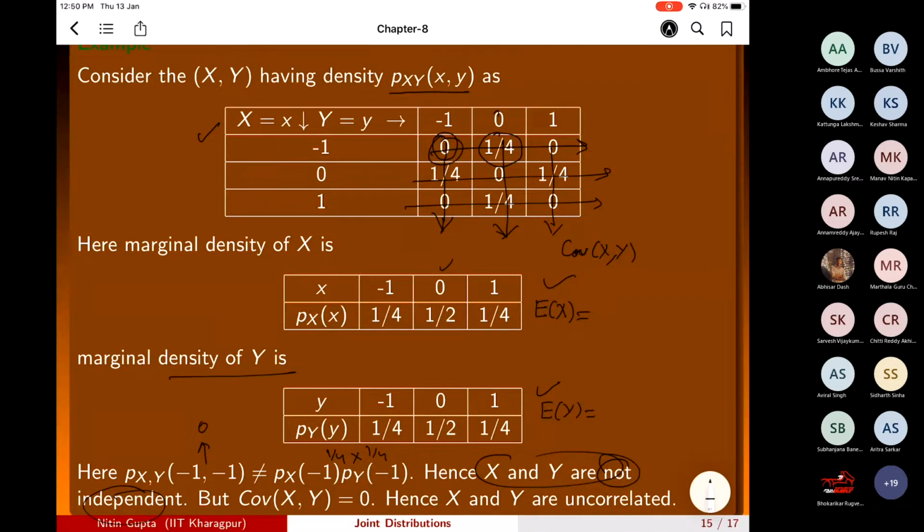Yes, clearly minus 1 into 1 by 4 plus 0 into 1 by 2 plus 1 into 1 by 4, that is 0, and mean of y is also similarly 0. But we know that covariance is expected value of xy minus mean of x into mean of y.